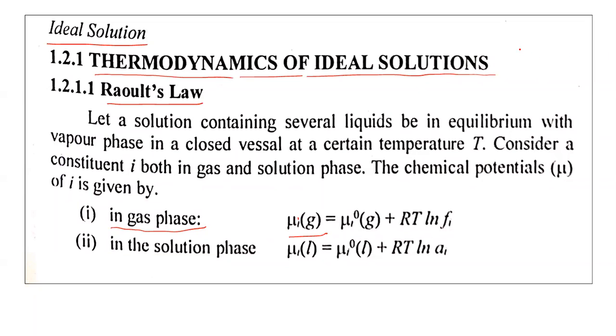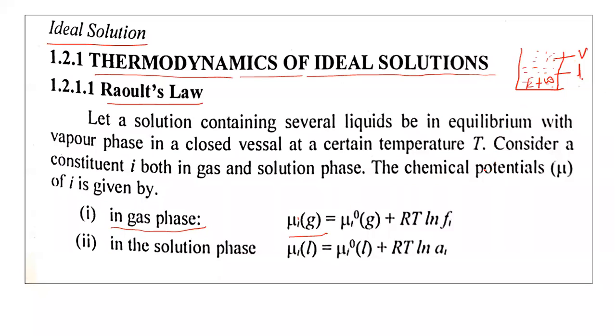Suppose we have taken several liquids, ethanol, water, and above this there are some vapors, the gas phase, and this is the liquid. There is an equilibrium of liquid with vapor.